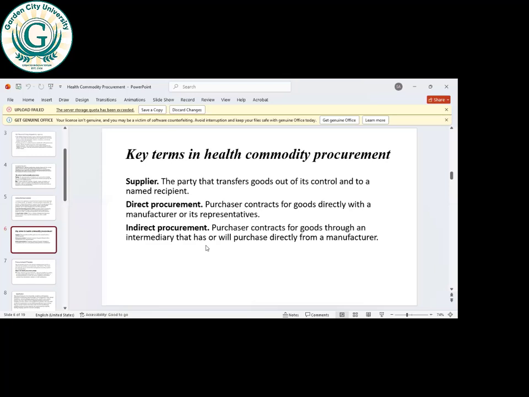When you talk of indirect procurement, you buy from intermediaries, so we have two different kinds. But there are few instances that manufacturers will deal directly with organizations, maybe with government, and even then they want you to deal with their representatives.